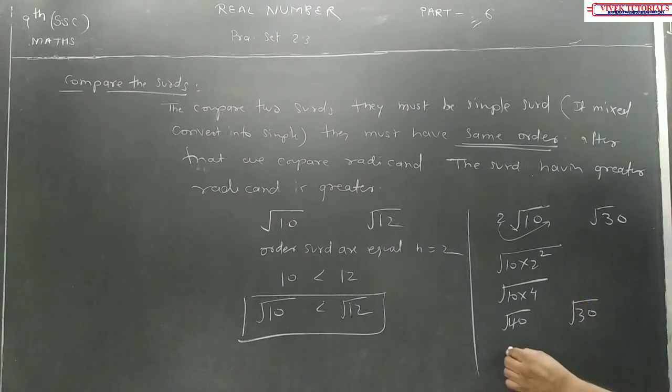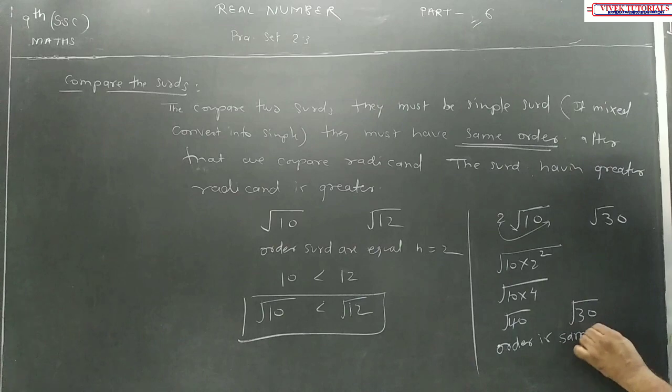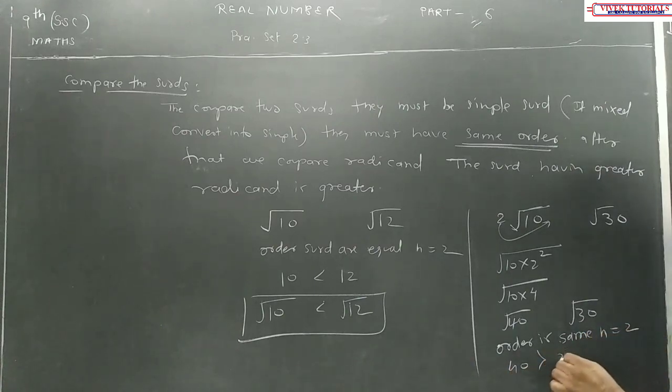So what can I write then? The order is the same, that is n is equal to 2, and 40 is greater than 30. So root 40 is greater than root 30, or 2 root 10 is greater than root 30. This is the way you are going to do the comparison.